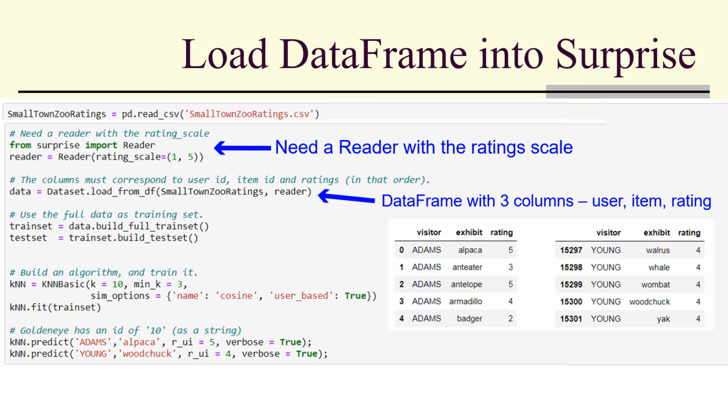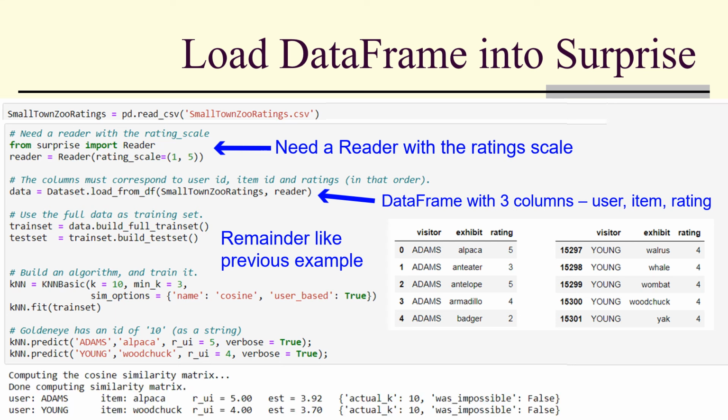That's what's required if you're going to load from a data frame: the first column is always the user ID, the second column's the item ID, and the third is the ratings. After that, it's pretty much the same as what we've done already. And here's our results. So Adams, the alpaca, is actually 5, estimated 3.92, and here we had an actual K of 10.